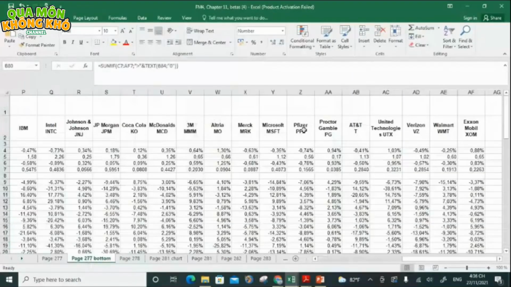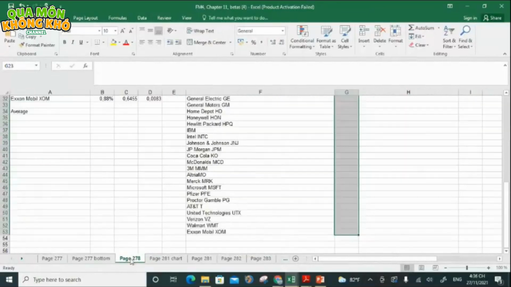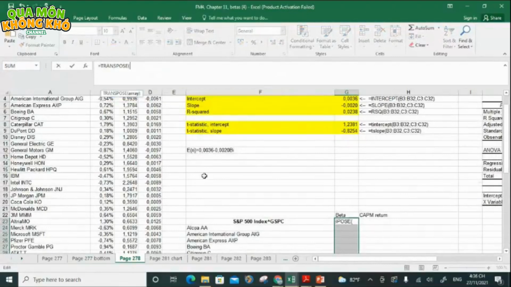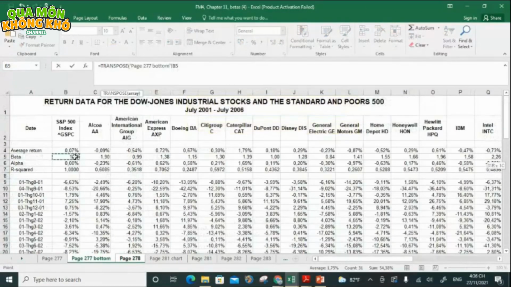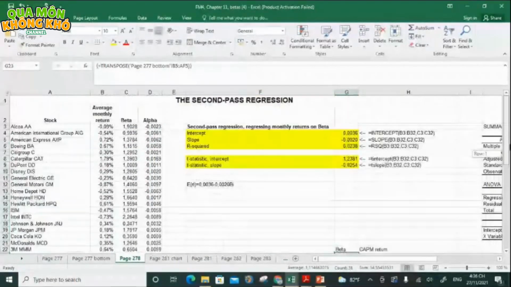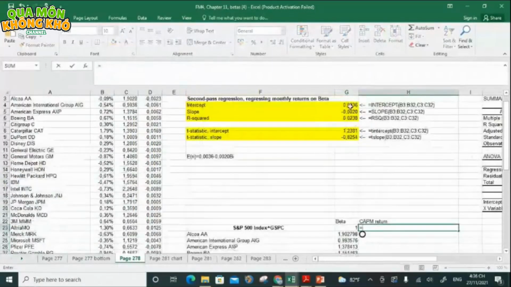Here I will use the risk-free rate plus the market premium multiplied by beta, and then I will fix it.